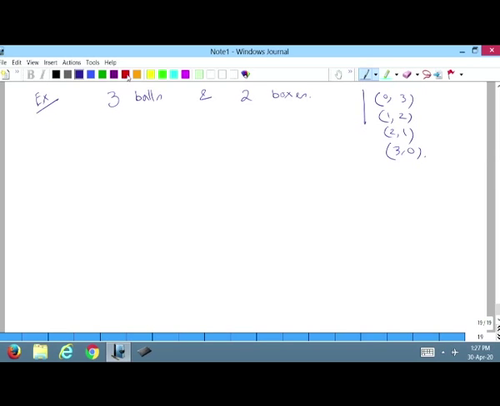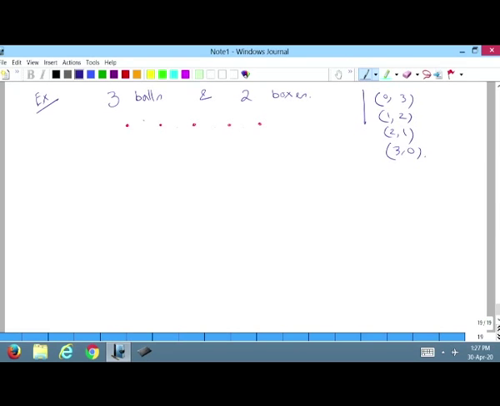So, what we are doing? We are saying that 3 plus 2, that is 5 balls are there, and I am partitioning them into 2 boxes such that none of them is empty. Therefore, by the earlier problem, out of the 4 gaps, we choose one partition.